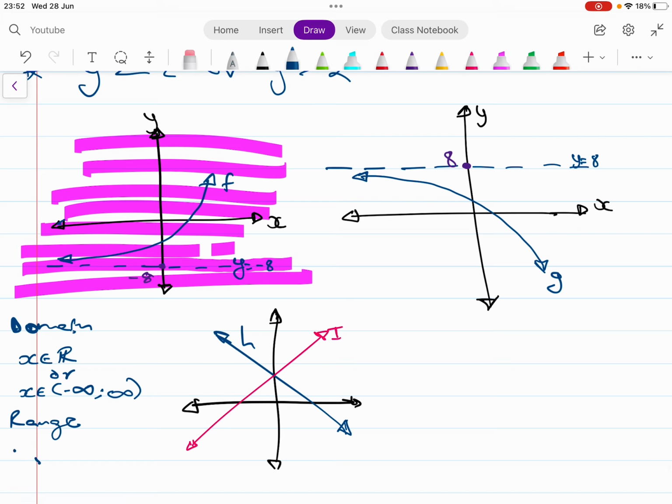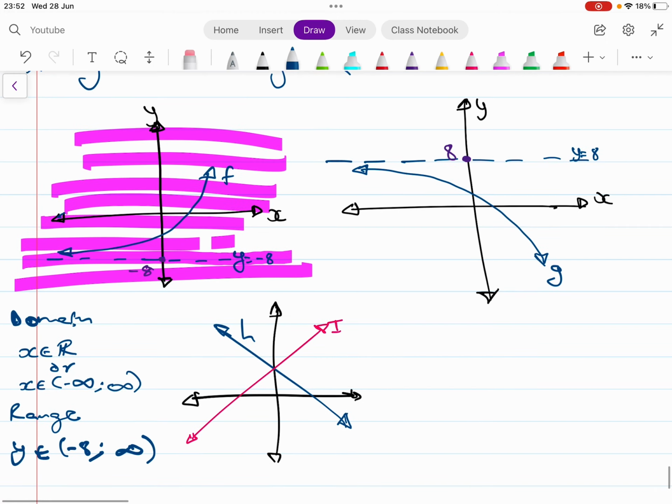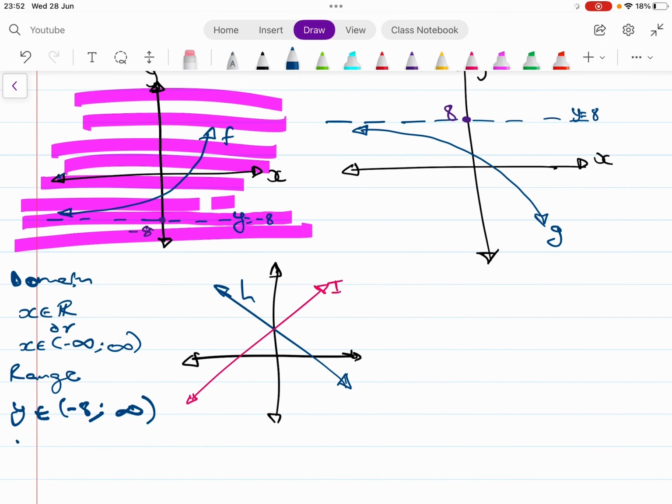So that means y is an element of from negative 8 all the way to positive infinity. You're using circular brackets to show that you're not including negative 8, or you can just say y is greater than negative 8. That is how you can write the range for F.